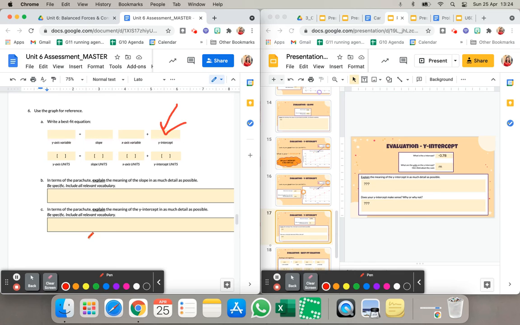The y-intercept is telling us time since the parachute had opened. So some people were a little confused about that. We showed you the video of the parachute. This is a plane, as you can obviously tell with my wonderful art skills. So we saw the video at the beginning of the test where the person jumped out of the plane, they fell for a while, and then after a while, this person adds the parachute.